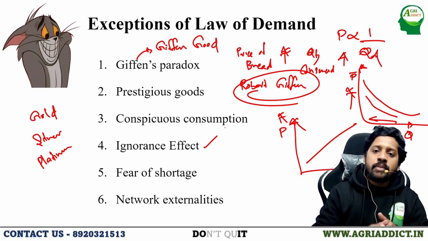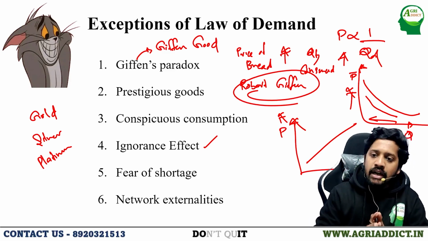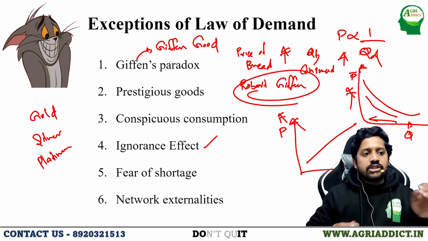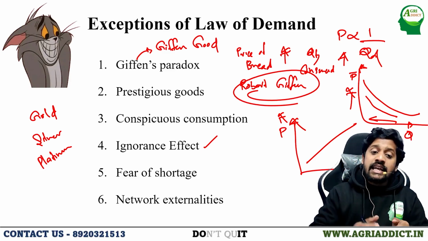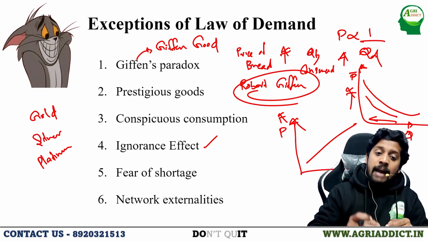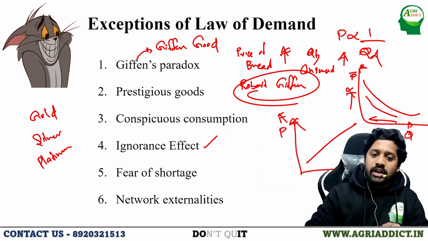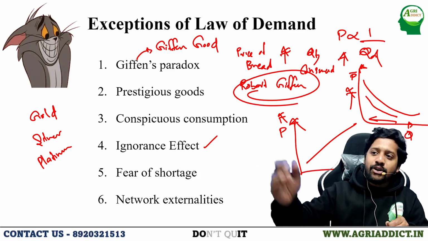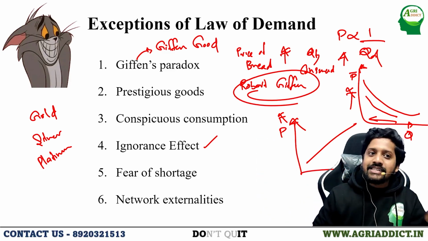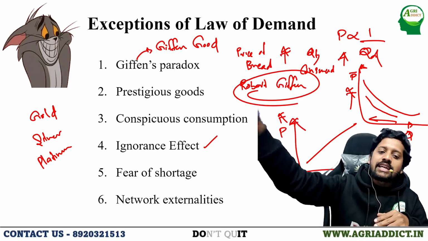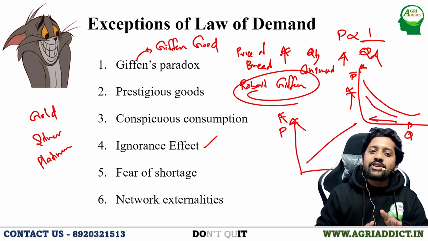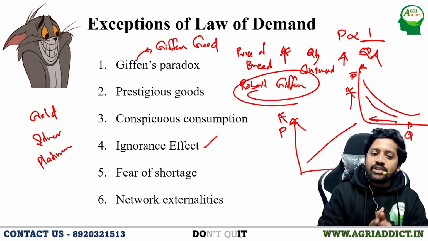If I go to the market to purchase apples, and I go directly to a seller and he is offering apples at 100 rupees. What if another seller in another corner is giving 1 kg of apples for 50 rupees? I don't know whether he is selling there or not, right? So even if the price is higher here, I would purchase, because I don't have enough patience to go to that corner of the market. So the ignorance effect might also cause an exception to the law of demand.